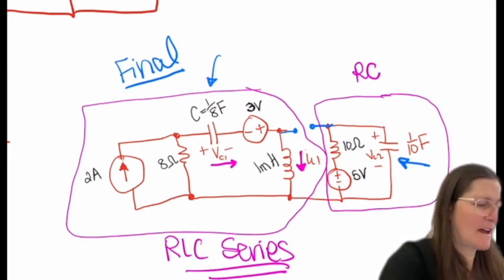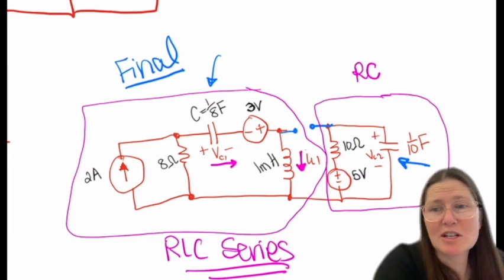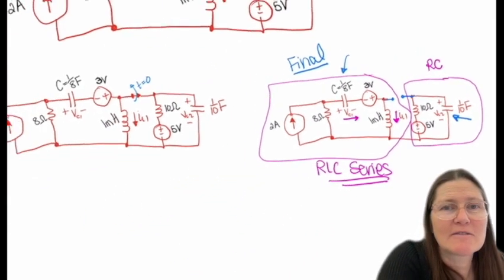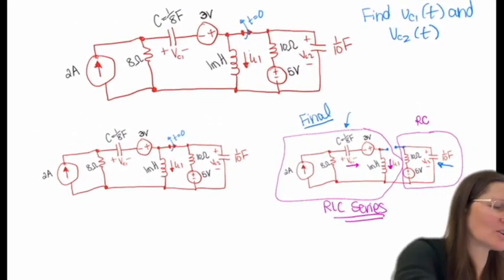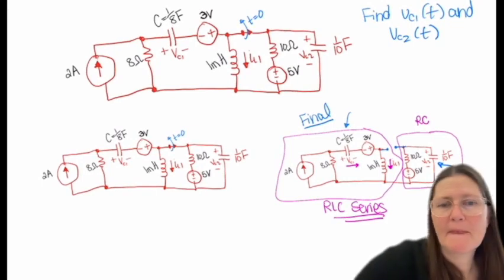Okay. All right. So go ahead and work individually or in small groups and find VC1 and VC2, is what you're looking at solving for.